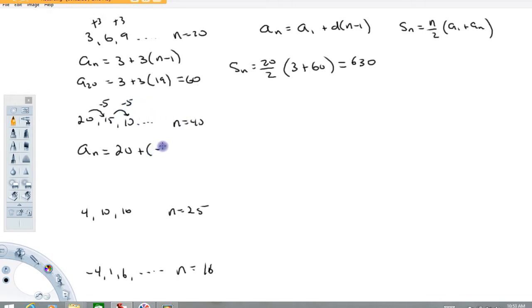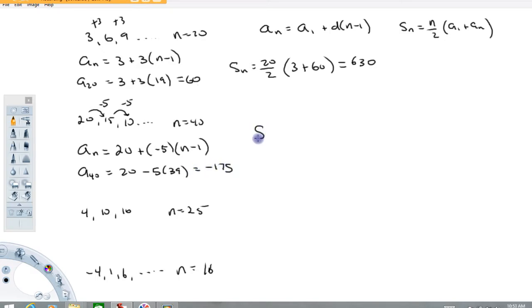So our difference is minus 5 times the quantity n minus 1. Now I'm going to go ahead and calculate a sub 40. That's going to be 20 minus 5 times 39 by the time we do n minus 1. Right, I get negative 175.